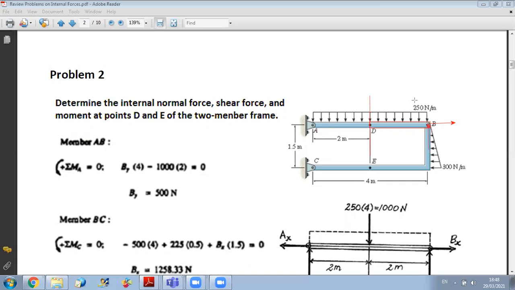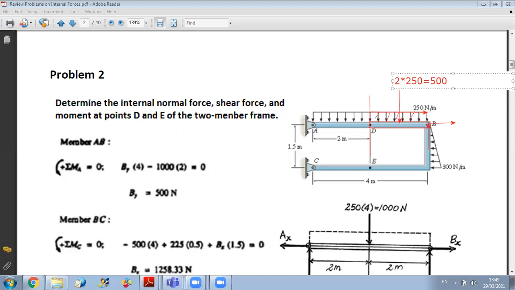I can replace the distributed load by one force equal to the resultant of the distributed load. I have a rectangular part, so the equivalent force should pass through the middle of BD and is equal in magnitude to the area of this rectangle. This area is 2 times 250, so I have here 2 times 250 equals 500.